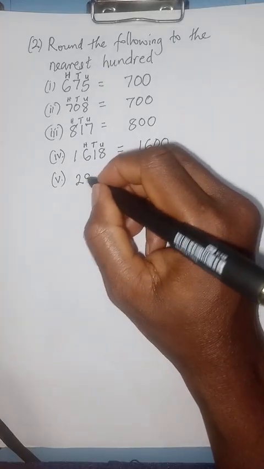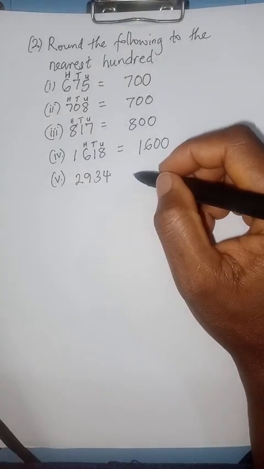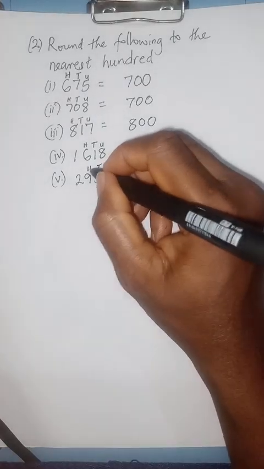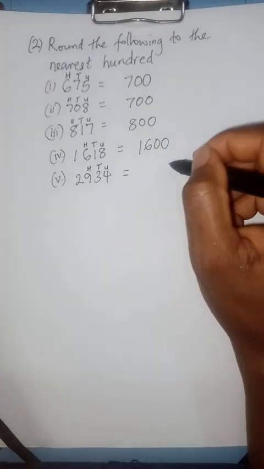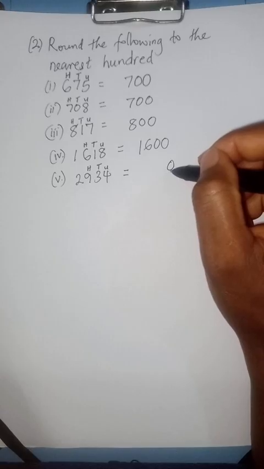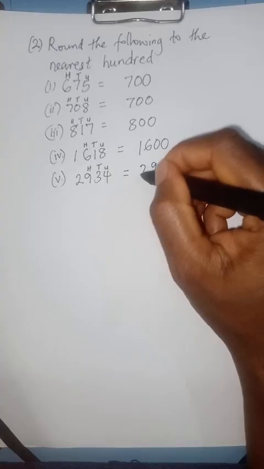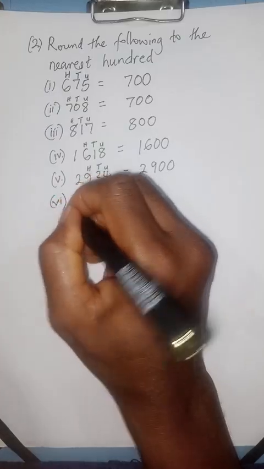I have 2,934. This is your ones or your unit, your tens, and your 100. So my focus is on the 100 and the tens. So the unit converts to 0. The tens is 3. It means I cannot round up. I round down. So convert it to 0, the 9 remains what it is, and then it becomes 2,900. Now let's go to 6.